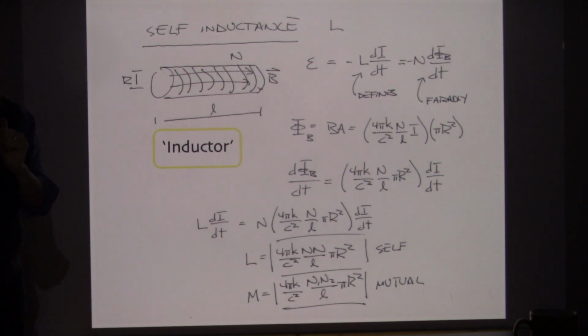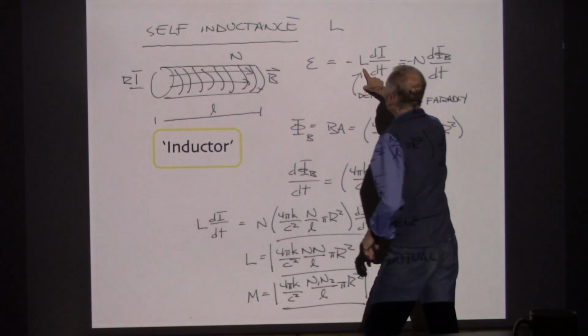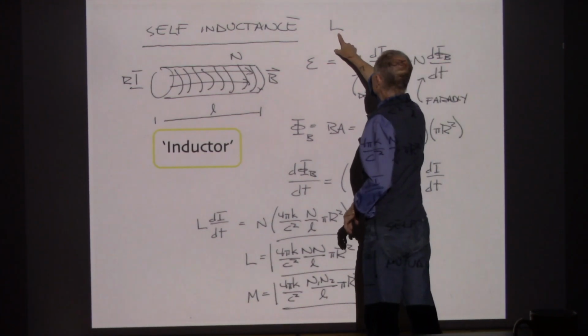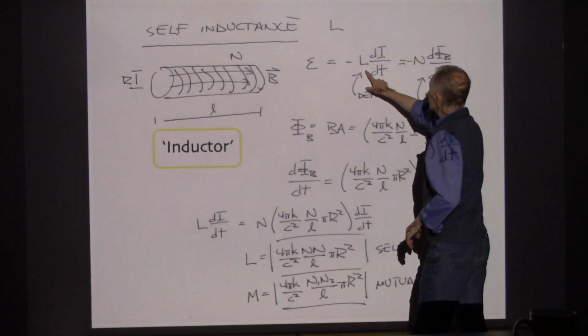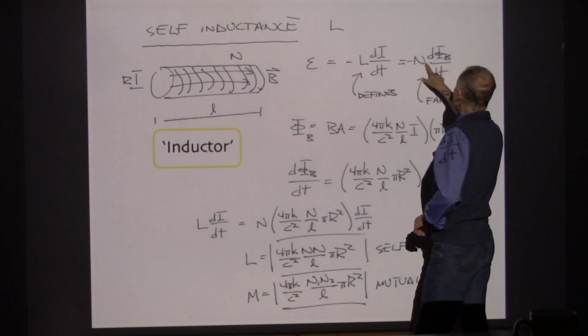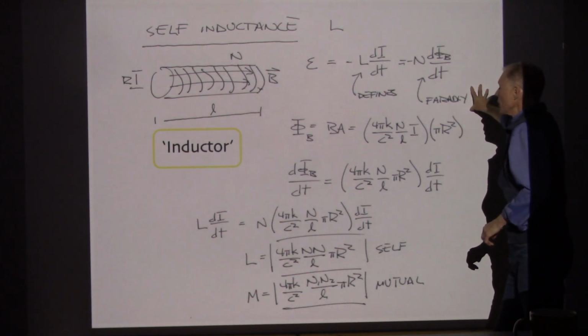So this is referred to as self-inductance. If I just have one set of loops of wire, we can define what's called a self-inductance, and for that we use the symbol L. So the self-inductance times the time derivative of the current is equal to the number of loops times the time derivative of the flux. That's what Faraday's law tells us.